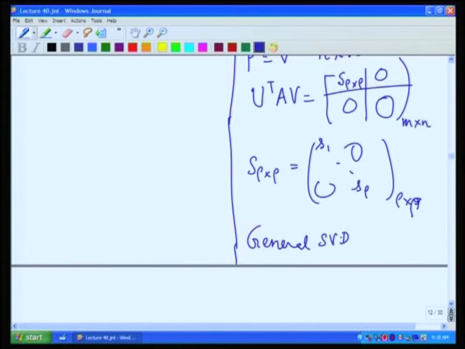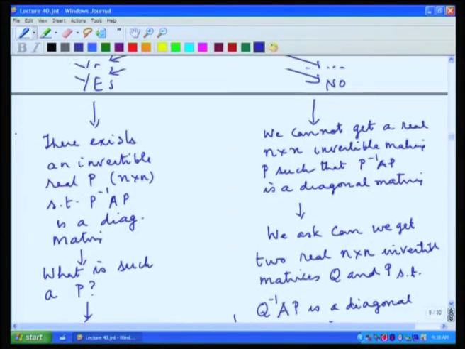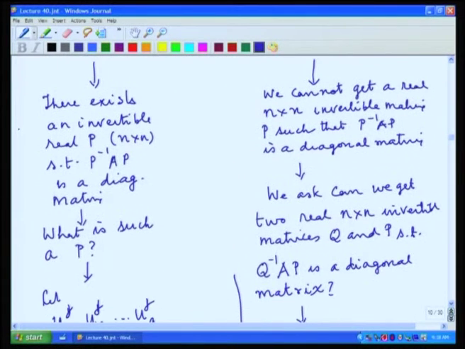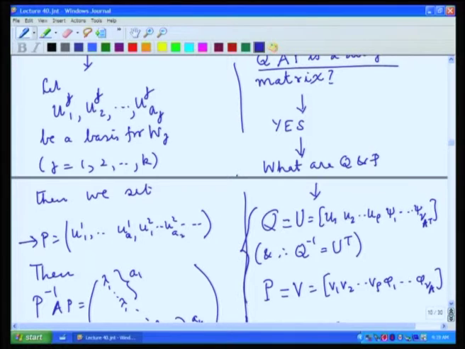So, once again we have now found the answers to all our questions in the second series about diagonalizability. Under what conditions is it diagonalizable? We got the answer as eventually the algebraic multiplicity must be equal to geometric multiplicity; before that the characteristic polynomial must factor out, and so on and so forth. And when it was satisfied, we knew how to find the diagonalizing matrix P. And when it was not satisfied, we said we can split it into two transformations Q and P, such that Q inverse A P is a diagonal matrix, and the Q and P were found in this format.